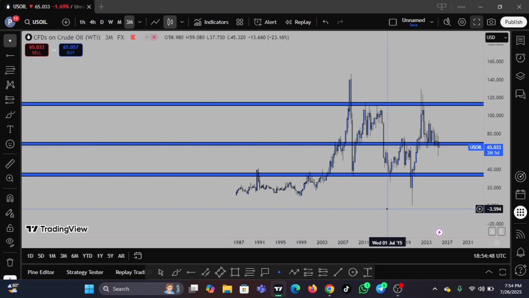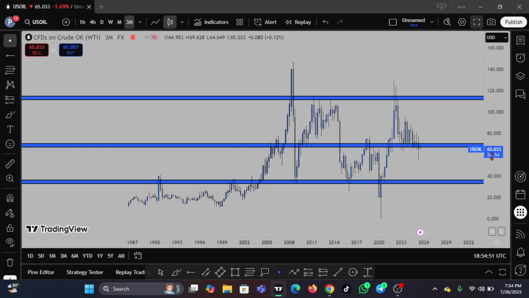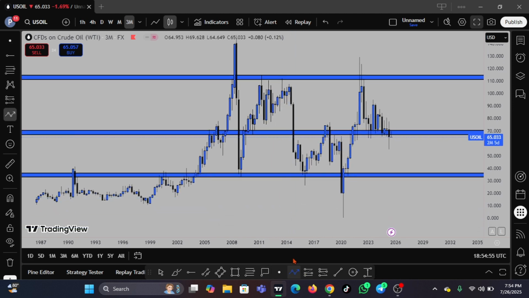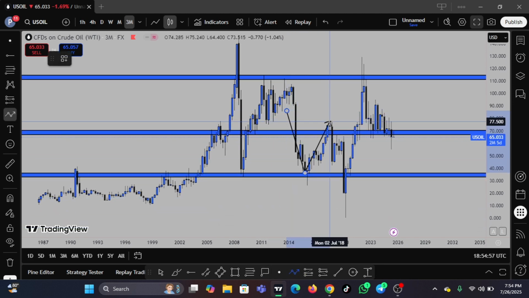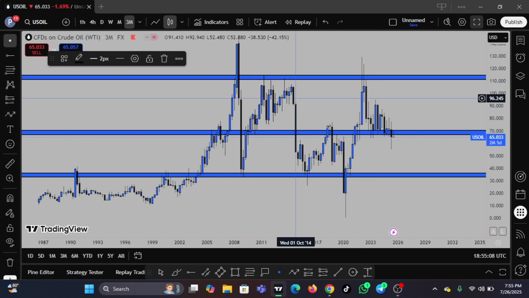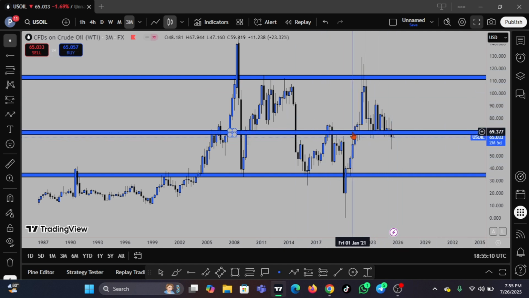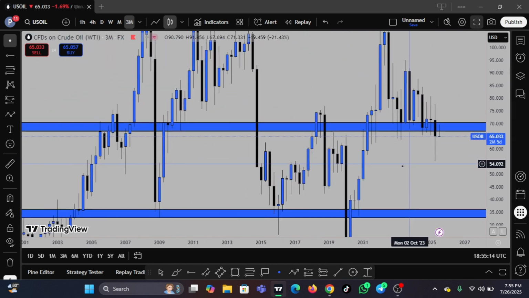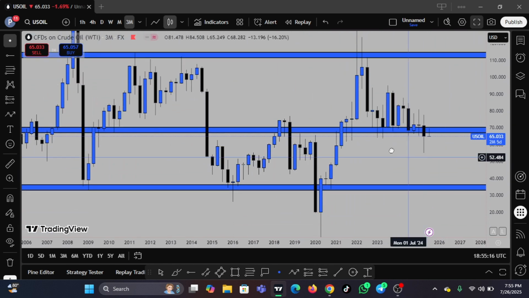So US oil here, you can see our levels well drawn, and we have price giving us a base. We rise to this top. Price failed to hold here to continue going higher, but now we have broken below, where price is now trading below this 70,000 level, which means we have broken that support and it is now likely to turn to resistance.